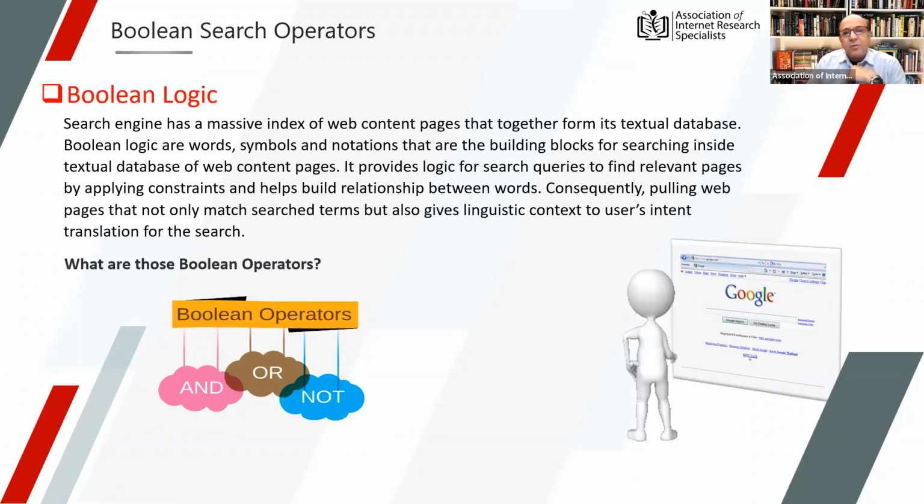And therefore, for the operators such as Booleans, which make three operators like AND in capital letters, and then OR in capital letters and NOT in capital letters. So these are three words. These are the words that actually are responsible for working with the textual content of anything, any words or any phrases.